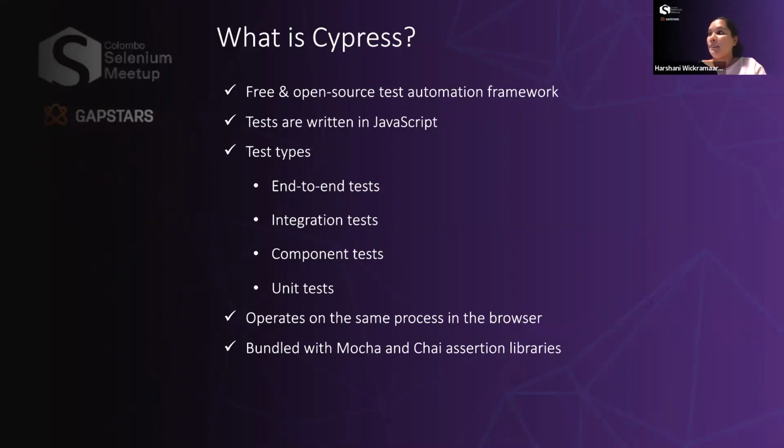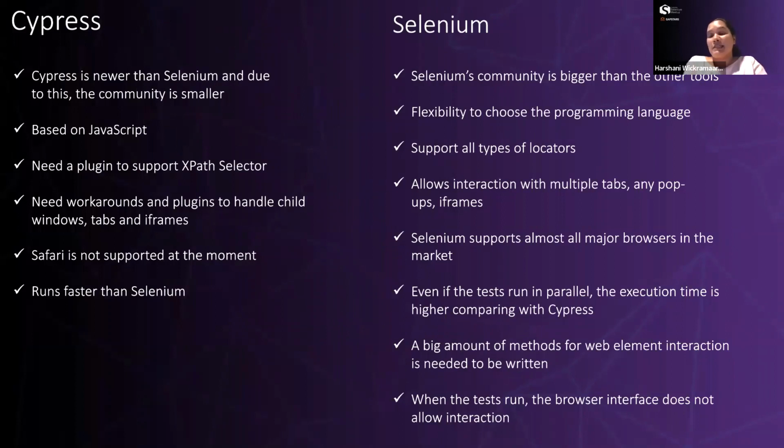So let's compare Cypress with Selenium, since we all have experience using Selenium for test automation. As you know, Cypress is newer than Selenium. Due to that, its community is a bit smaller compared to Selenium, and it's based on JavaScript. When we use Selenium, we have the luxury to choose a language from Java, C#, PHP, Python, Perl, Ruby, likewise.